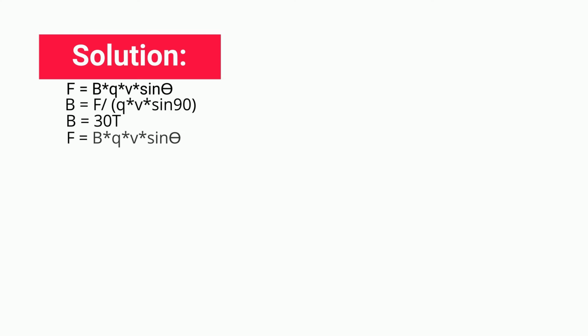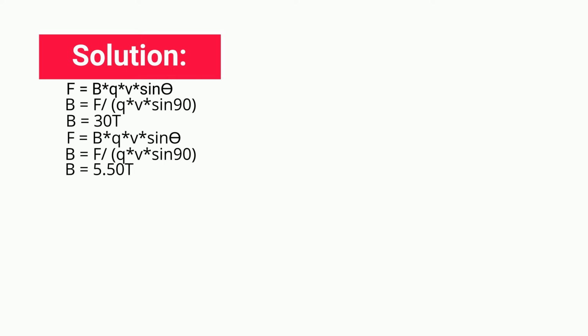Solution. F equals qvB sin θ. B equals F divided by qv sine 90.